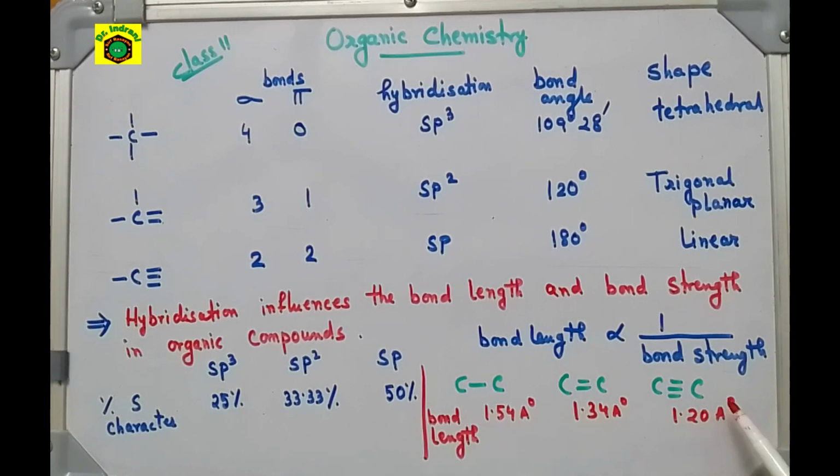And for carbon-carbon triple bond length is 1.20 angstrom. Since bond length is inversely proportional to bond strength, therefore carbon-carbon triple bond, since it is having lesser bond length, it is strongest bond between carbon-carbon single bond, carbon-carbon double bond and carbon-carbon triple bond. It will form strongest bond.